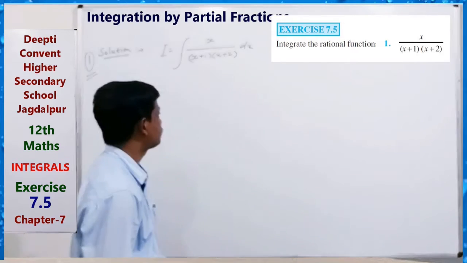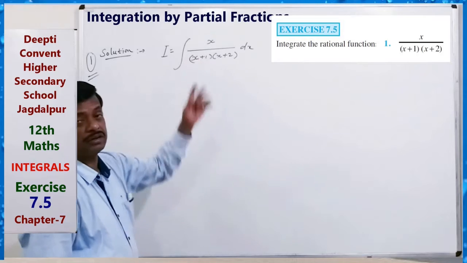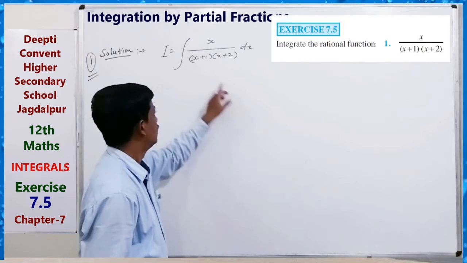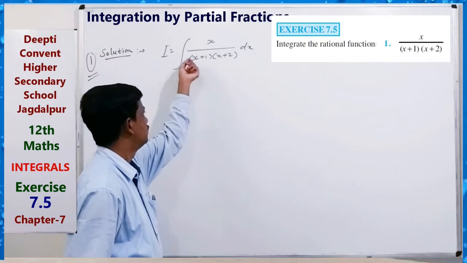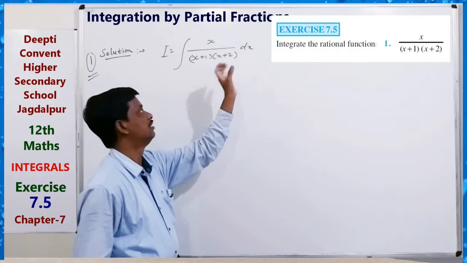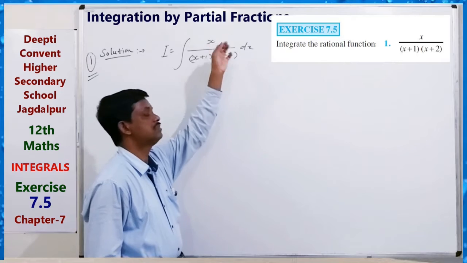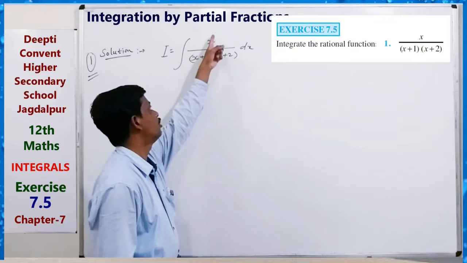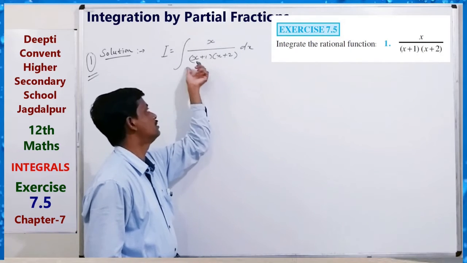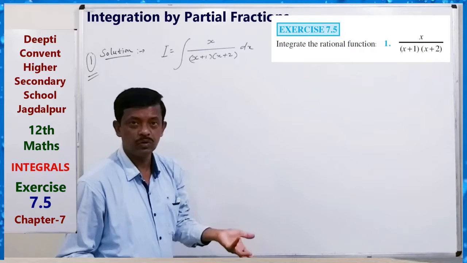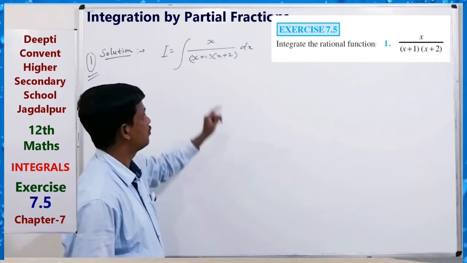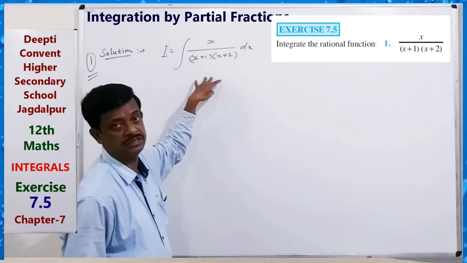This is a rational function, the denominator is factorized into linear factors, and the numerator is a polynomial of degree 1. After multiplication the denominator will be a polynomial of degree 2, so this is a proper fraction. So first of all we have to split this into partial fractions.